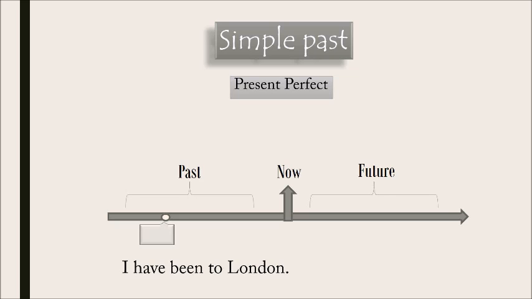Speaking about experience, but we don't know details. Now, if I want to give details, when did this happen? So here we have the year 2009. I will use now simple past. I went there in 2009. Why? Because I'm giving details. So I will use simple past.